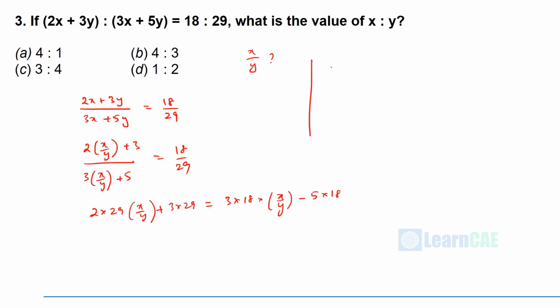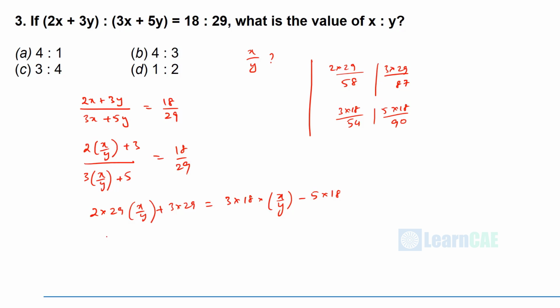Okay, what is 2 into 29? This will be 2 9s are 18, 1, 2 2s are 4, 5. Okay, next 3 into 29, 3 9s are 27, 2, 3 2s are 6, 7, 8. Okay, 3 into 18 is equal to 3 8s are 24, 3 1 is 3, 5. Similarly, 5 into 18, 5 8s are 40, 1 5 is 5, 9.